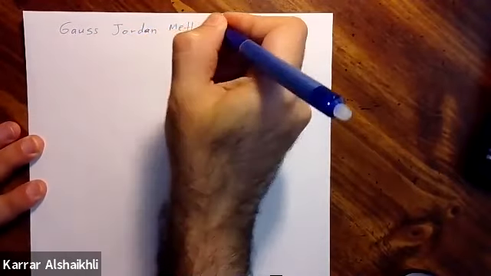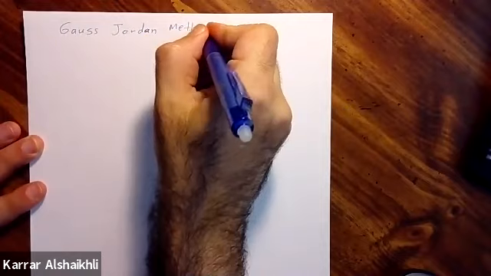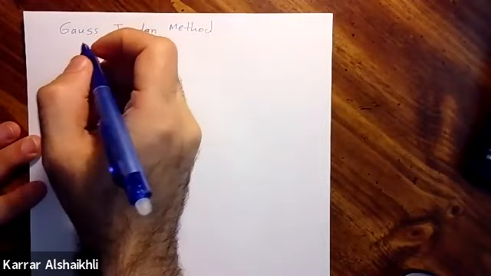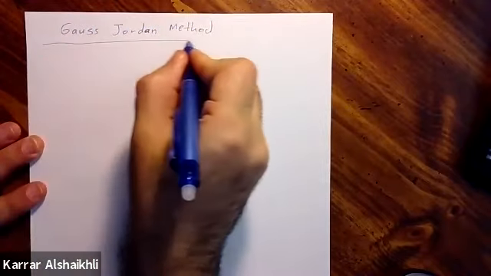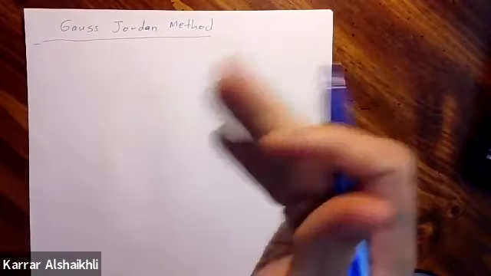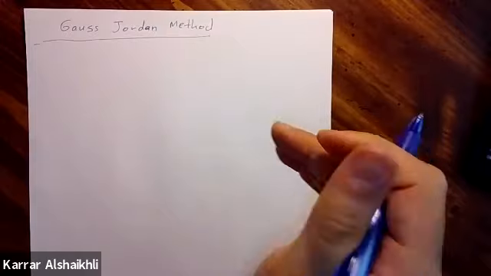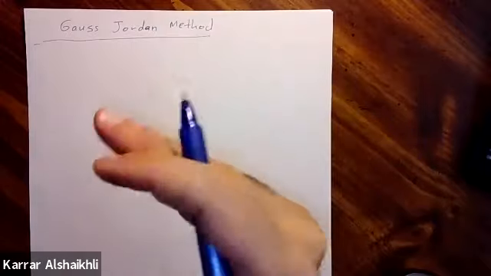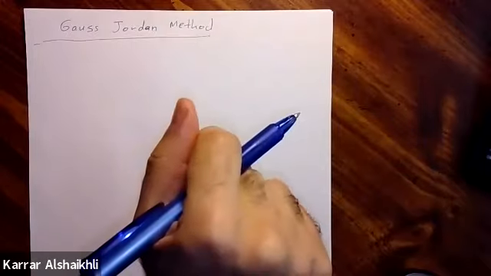And they're going to tell you, because there's another method, but they're going to tell you use Gauss-Jordan method to find the solution. So the first thing, after they give you the system, the next step, you have to write down the augmented matrix.